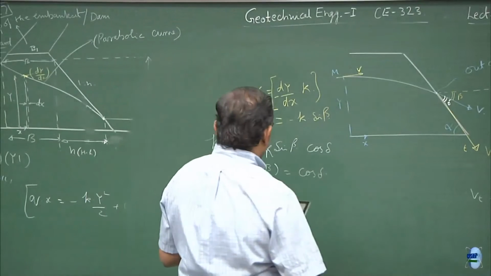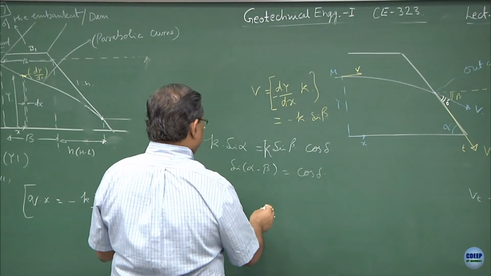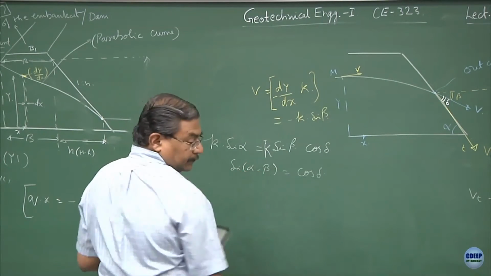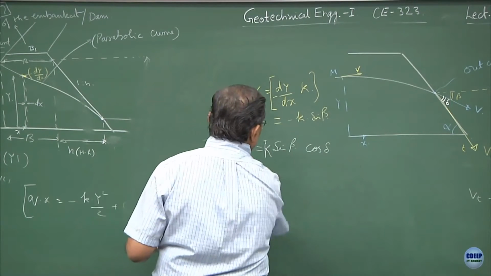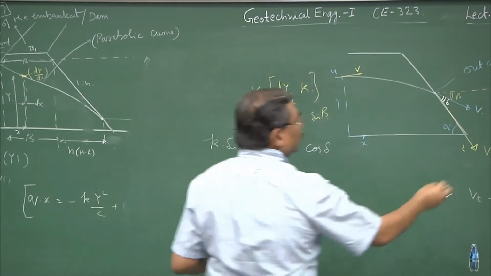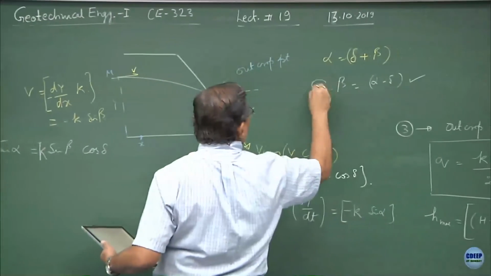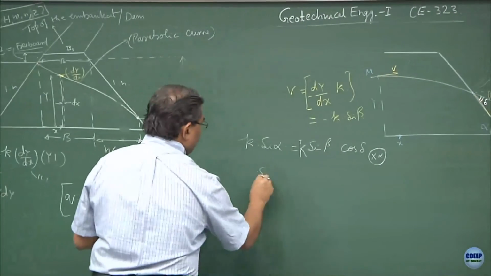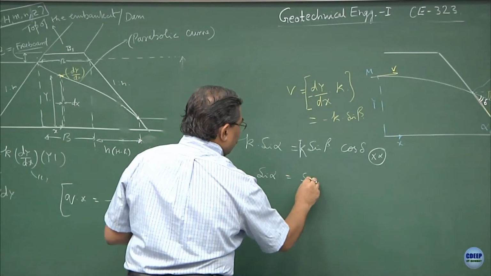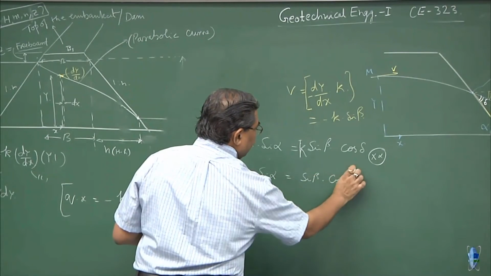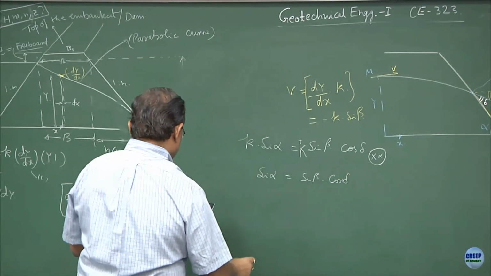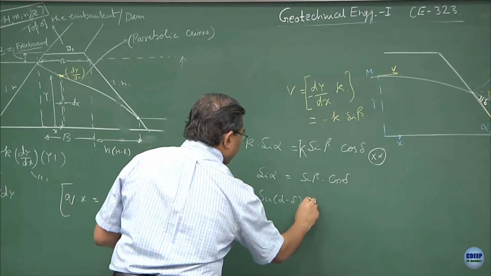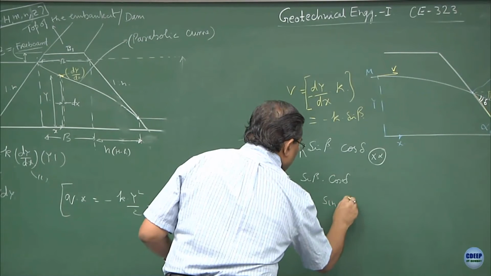So, if I substitute this over here, I can show that sin alpha equal to sin beta cos delta, and if I substitute the terms, I will be getting sin of alpha minus delta equal to sin of alpha.